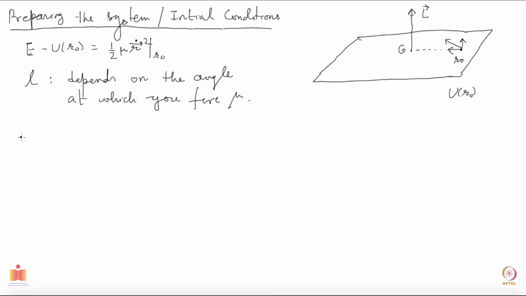Now you may ask, if I choose some value of the angular momentum that I want for my system, so I want it to have some angular momentum L, what is the minimum energy or maximum energy that is allowed for this system?